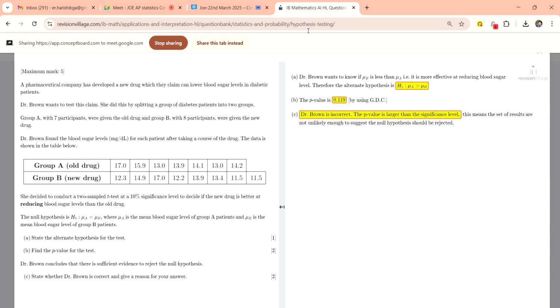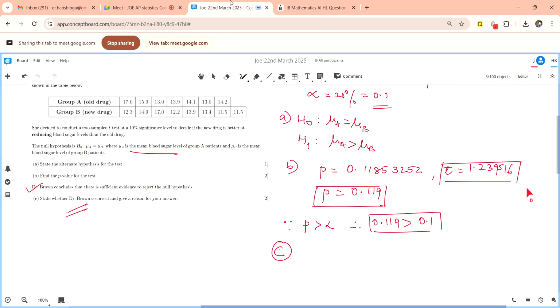Dr. Brown here is incorrect. The p value is larger than the significance level, which means that this set of results is not likely enough to suggest that the null hypothesis should be rejected. If my p value is greater than the alpha value, we generally write the statement: there is not significant evidence to reject H naught.